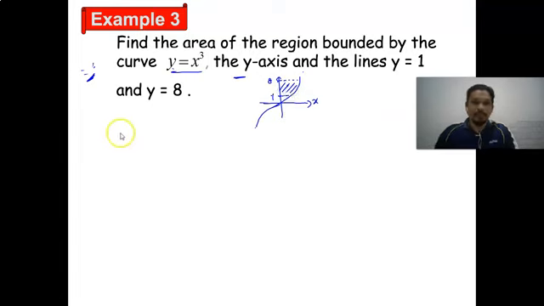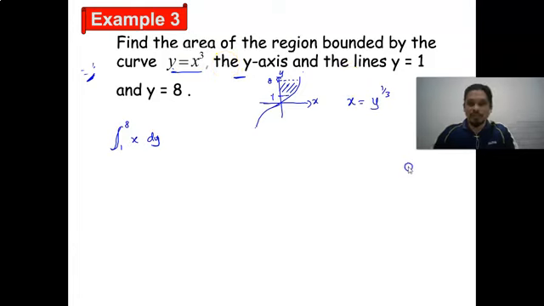Okay, now integrate this, y equal to x cubed, with respect to y. So x dy from 1 until 8. From this equation y equal to x cubed, x equal to y to the power of 1 over 3. Get it?